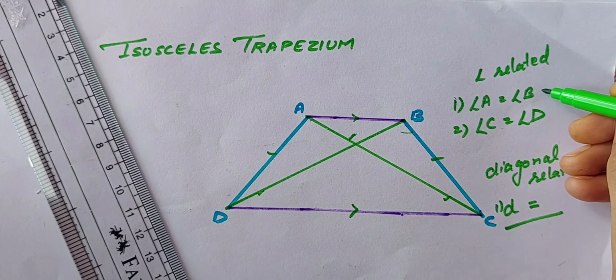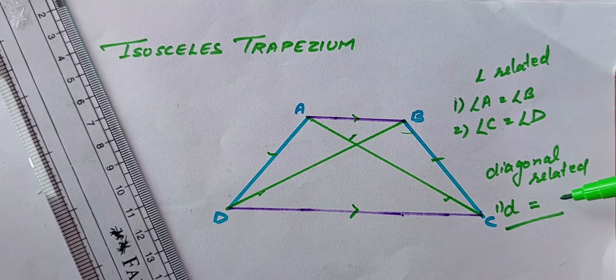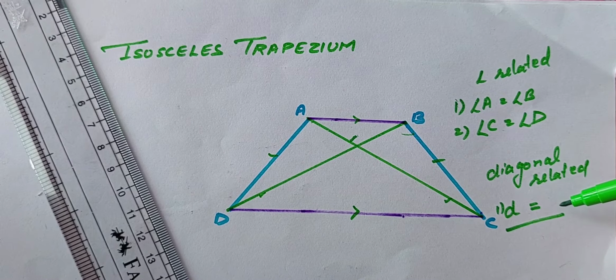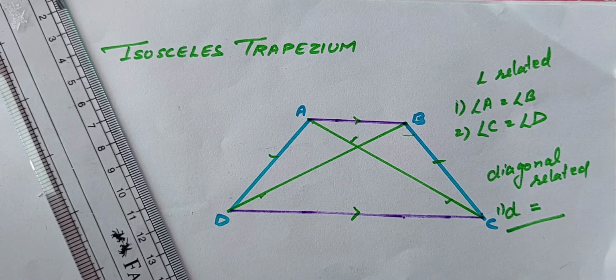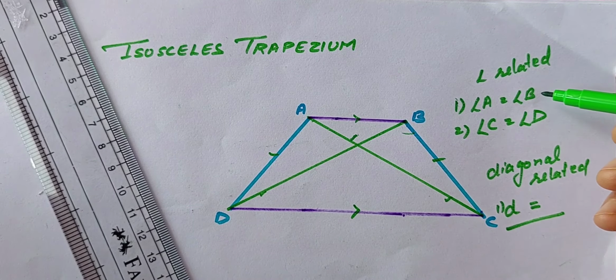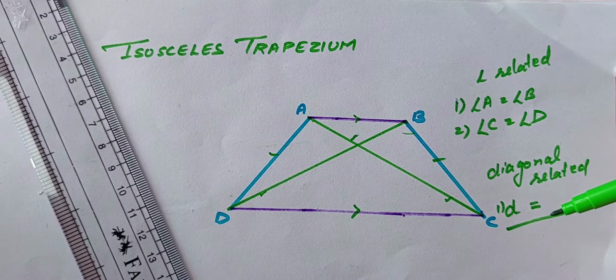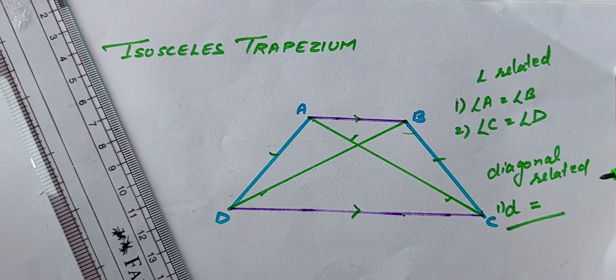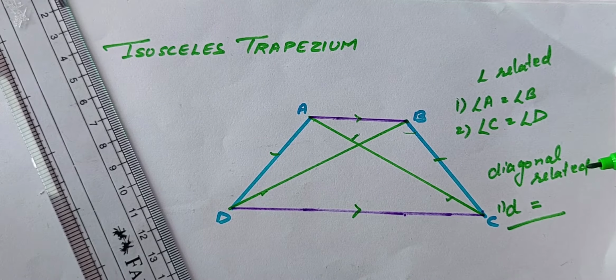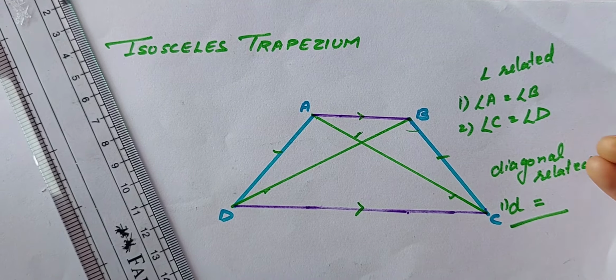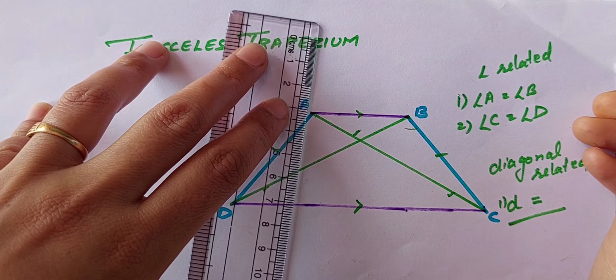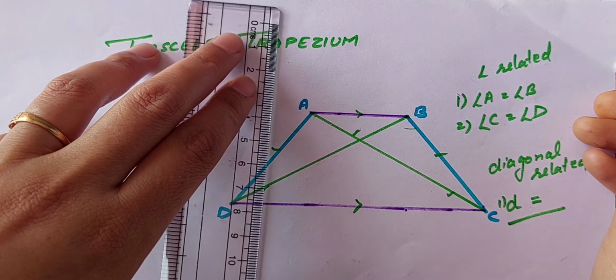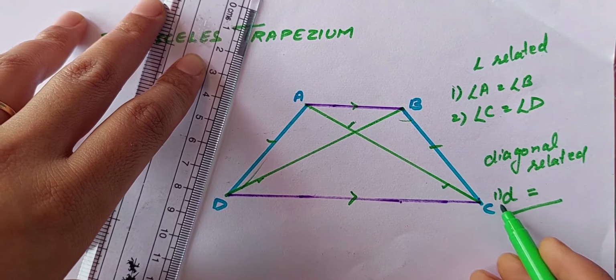Let's start with the angle related property because it might help in the diagonal related properties. How do we prove that the angles are equal, or that the diagonals are equal? What can we do here? We can take these 2 triangles.